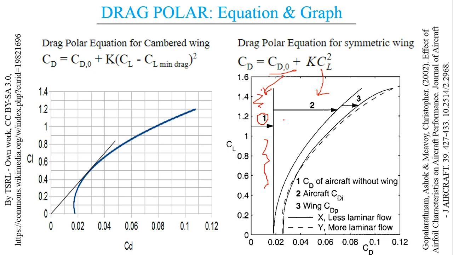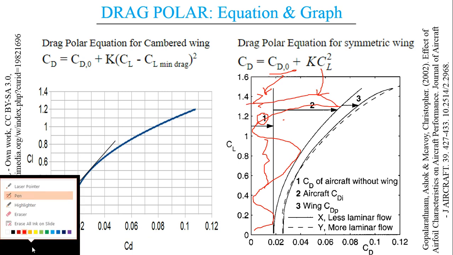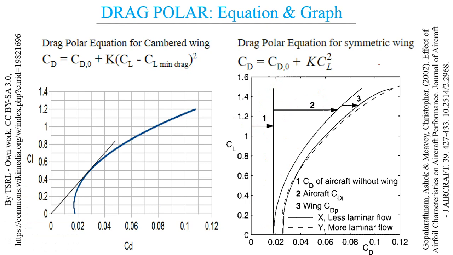So when we combine the drag for zero lift, that is drag not caused due to lift, and the drag which is caused due to lift, that is K CL square, we obtain the plot over here. So within this curve provides us the equation or the graph for the drag polar.